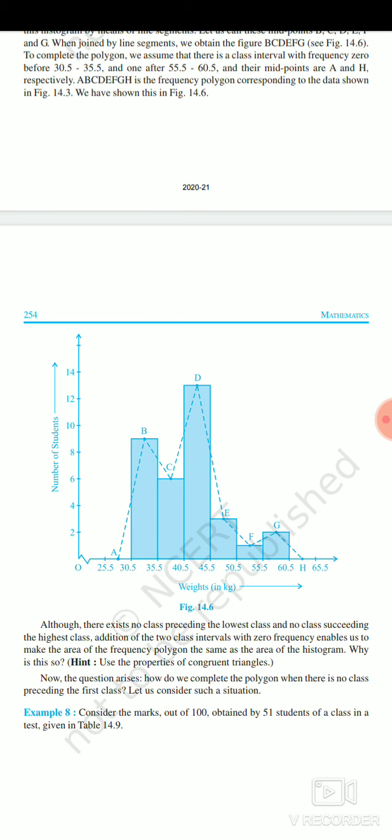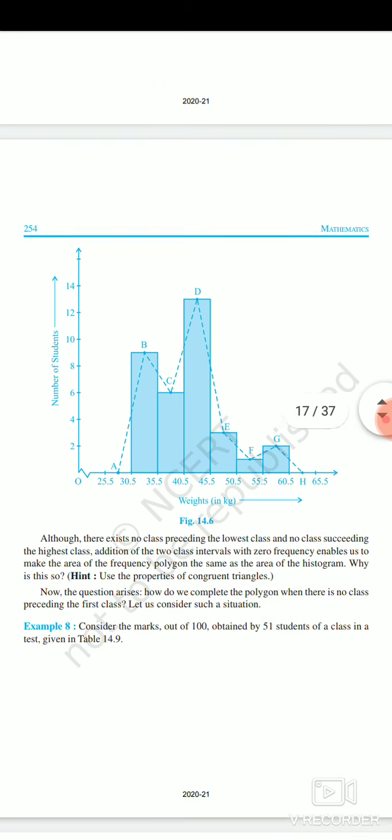Now you may consider what your points are by using your class limits. To plot the point B, take the average of your class limits, that is upper limit plus lower limit divided by 2. So this is the point B. Similarly C, D, E, F, G and H you can draw, right?